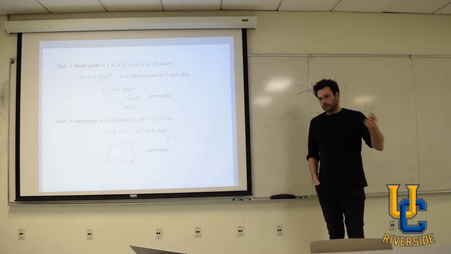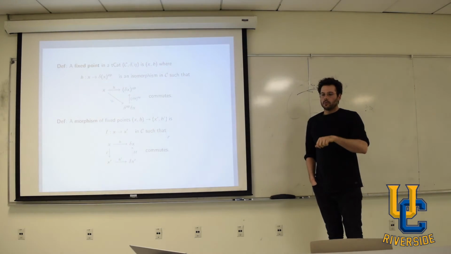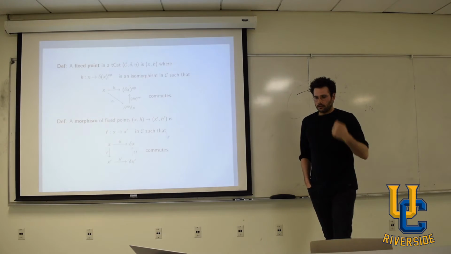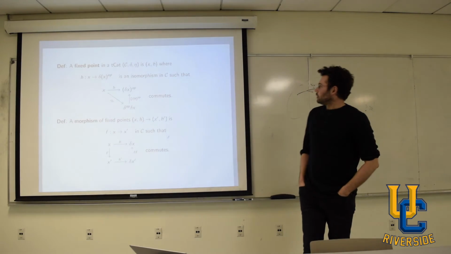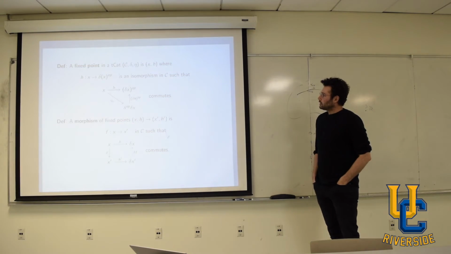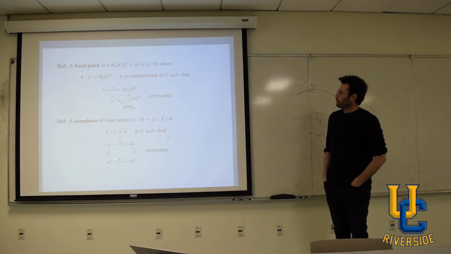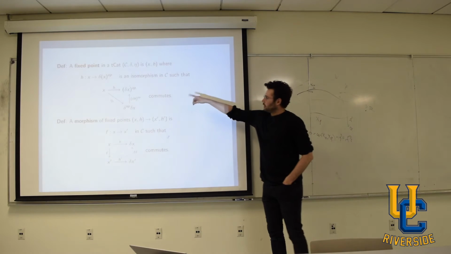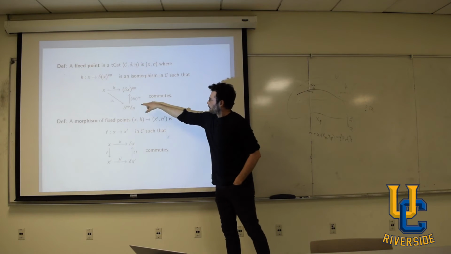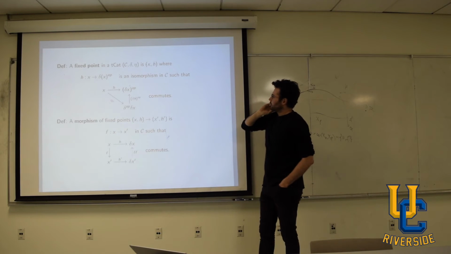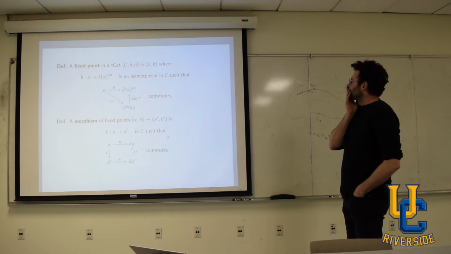So delta went from C to C up, but we want to take delta X as an object in C again, and we want this morphism to have a basic compatibility with delta, which is encoded by saying that this triangle should commute. So we have here the unit of the adjunction.